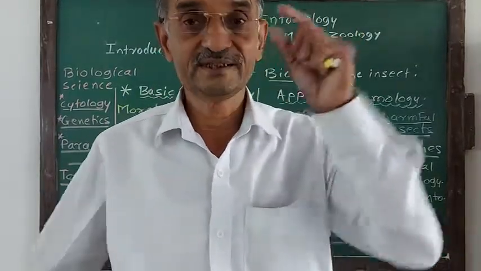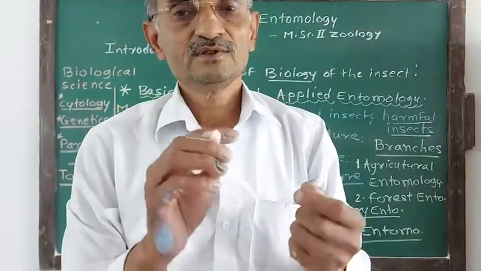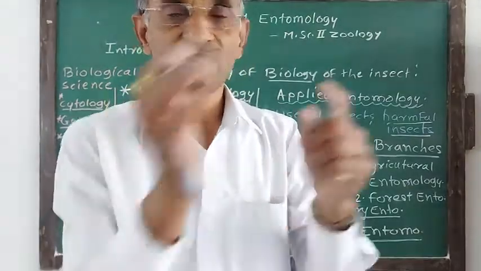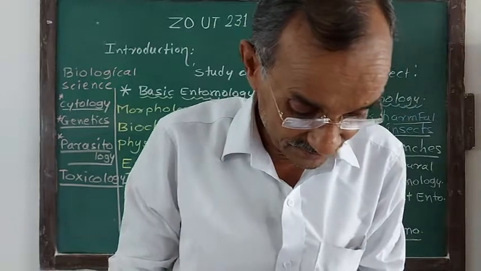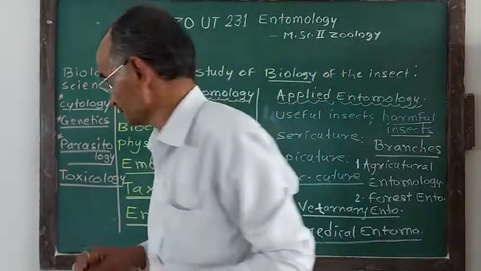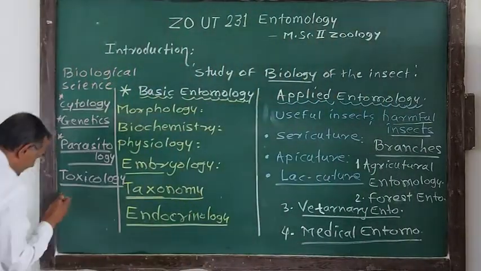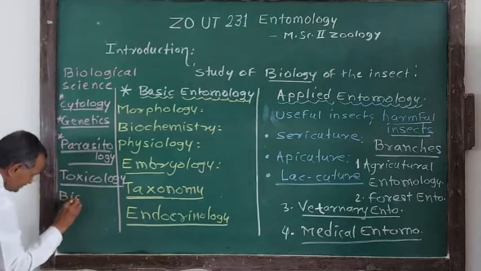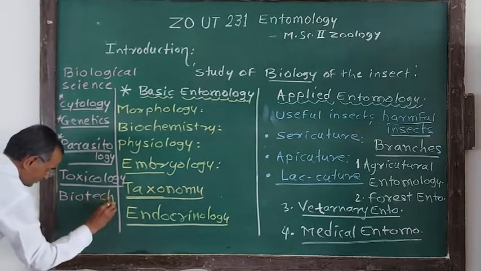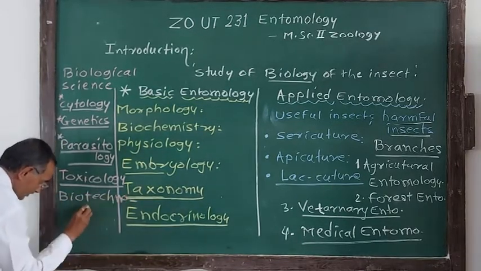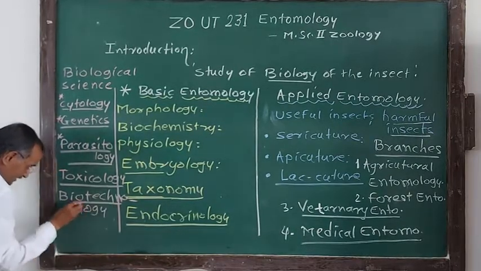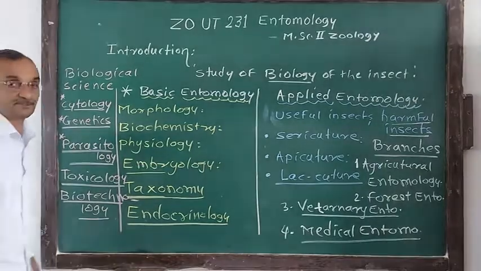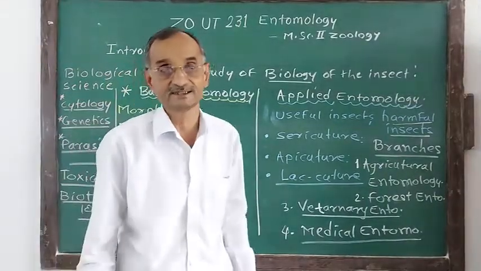It is the study of toxins by using insects. Apart from this, biotechnology is another branch. It also requires a number of insects and different types of techniques to study biological techniques.